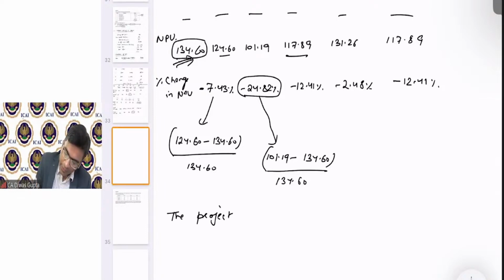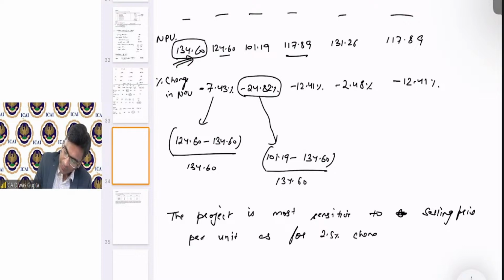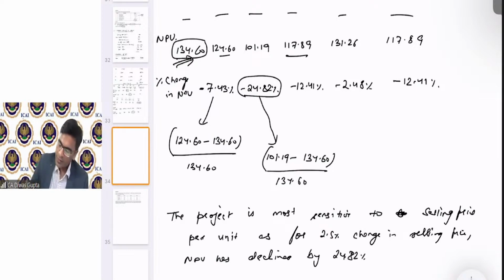The project is most sensitive to selling price per unit. As for 2.5 percentage change in selling price, NPV has declined by 24.82 percentage.